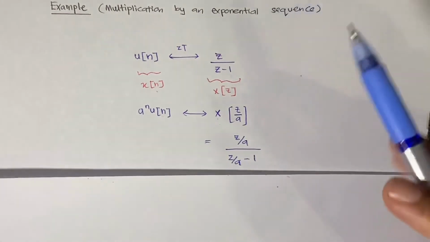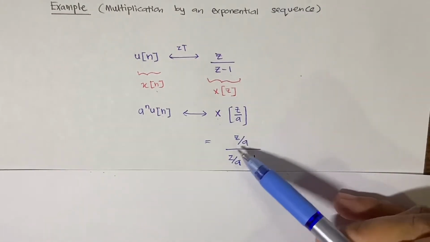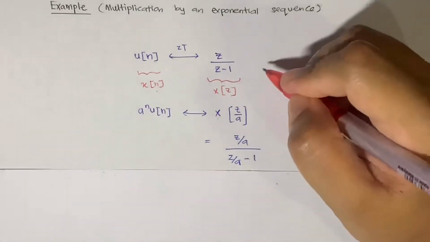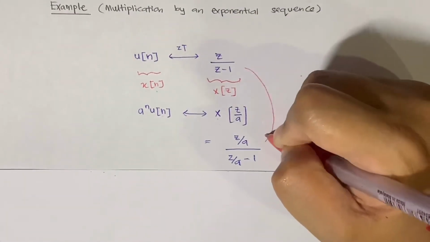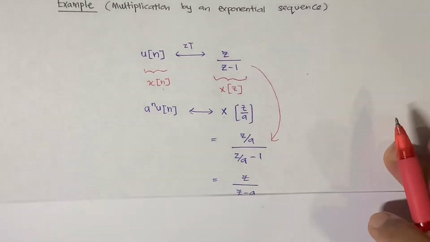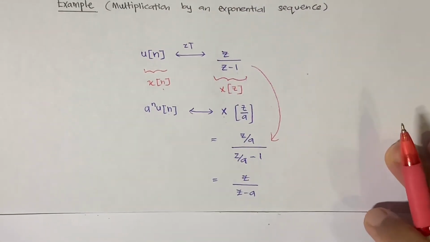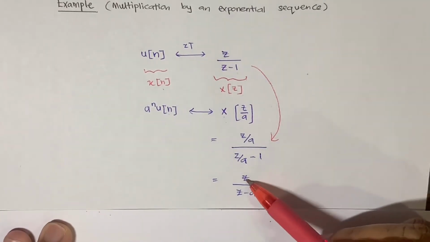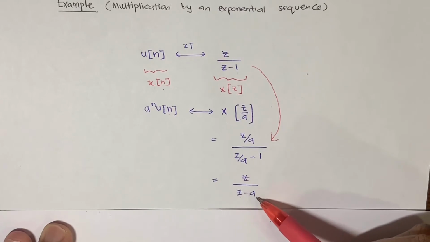So it is equal to z over a over z over a minus 1. Change z to z over a, and then rearrange the equation, you will get z over z minus a.